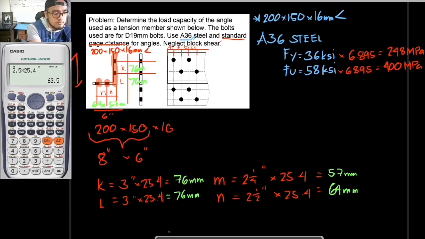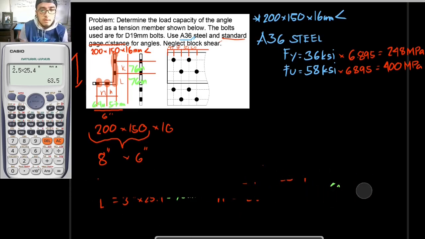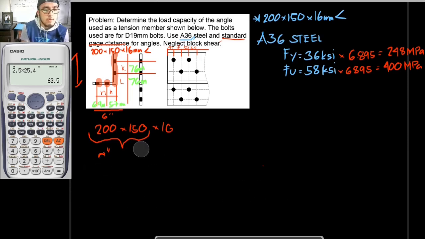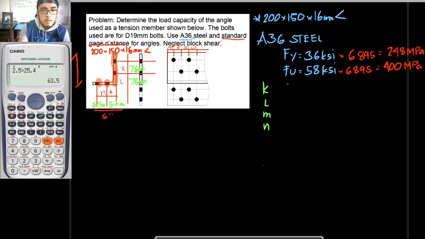Okay, so erase ko na muna to. Ilista natin sa taas para malinis tayo. So from that, our K, L, M, N is equal to, once again, 3 inches, 3 inches, 2 and 1/4 inch, 2.5 inches.